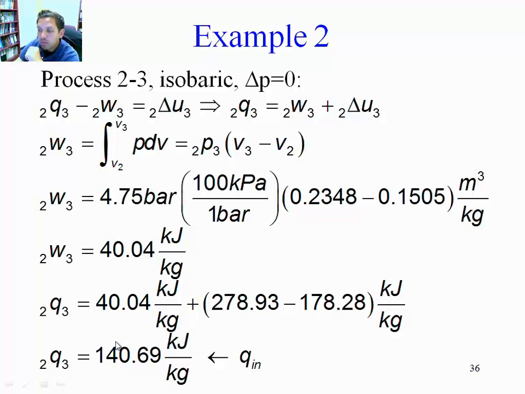Look it up in the table. And now we find Q to be 140.69. It is positive, so that is Q into the system. So we already found Q out, we already found Q in, and we already found one component of the work that's negative, minus 111, and one component of the work that's positive, plus 40.